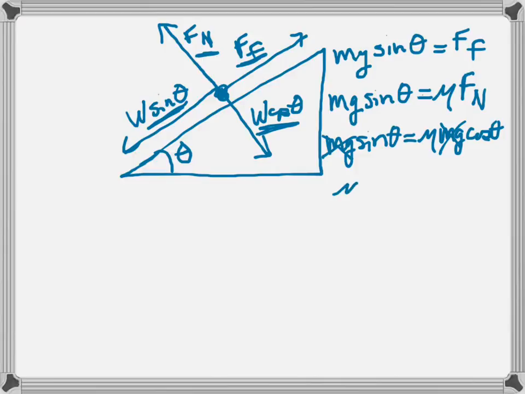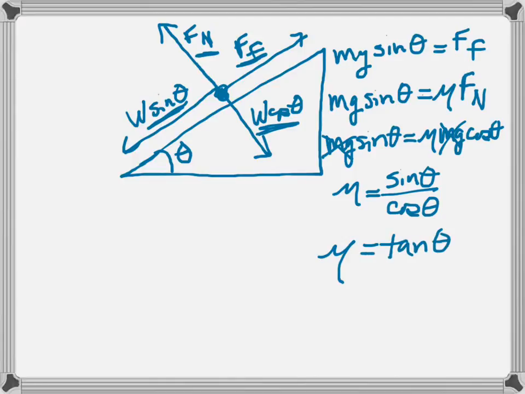And if I solve for mu, I get sine of theta over cosine of theta. And you might know that trig identity. Mu equals tangent of theta. So all I would have to do to find the coefficient of friction is to take the tangent of that particular angle.